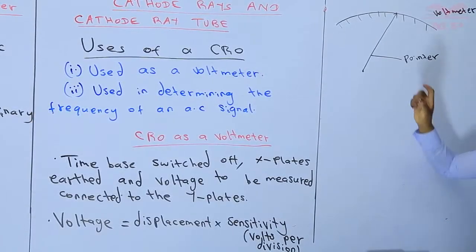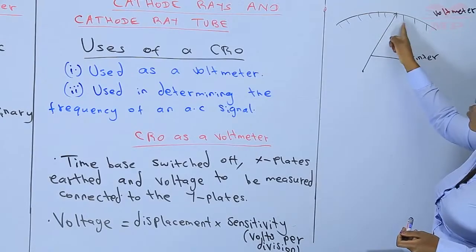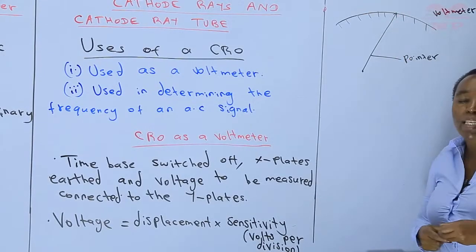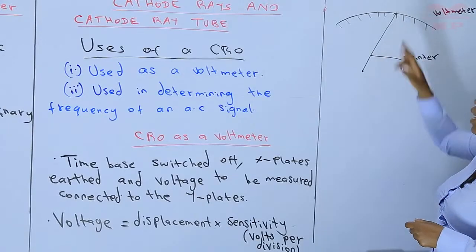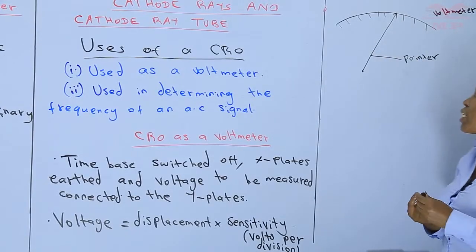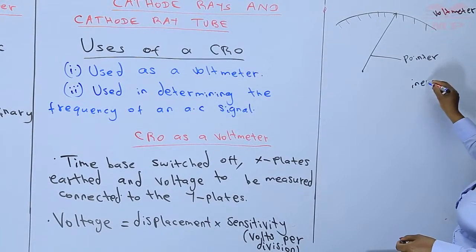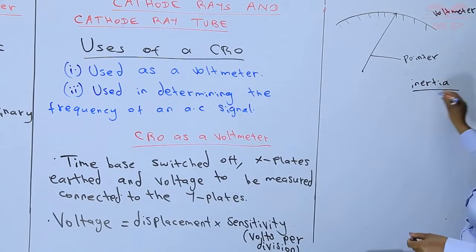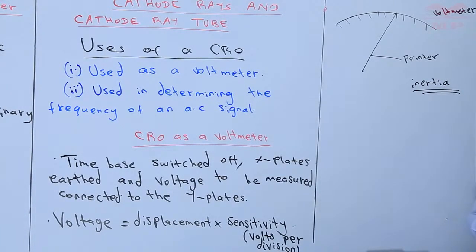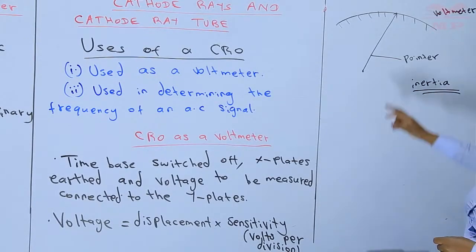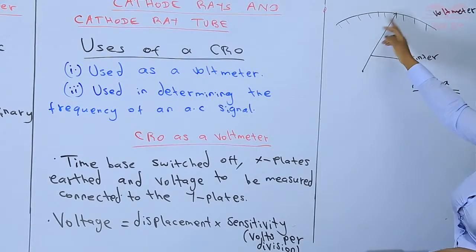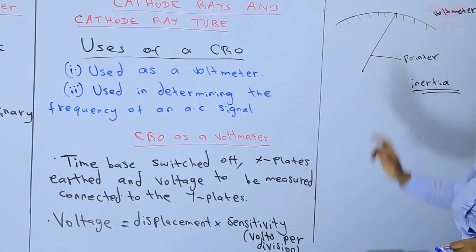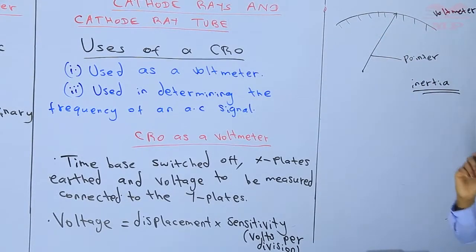It swings around the reading and then it points where the reading is to be. The reason it swings before getting to the point where the reading is, is inertia, which we also discussed in Newton's laws of motion. So as a result of inertia, the pointer will swing momentarily about the actual reading.